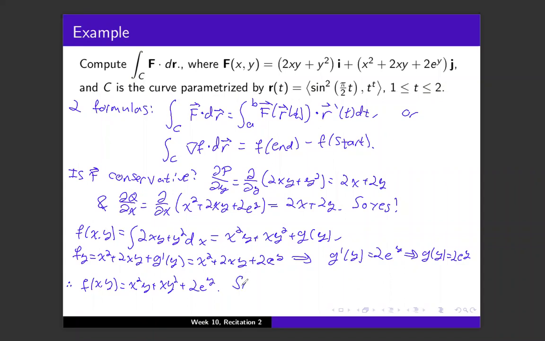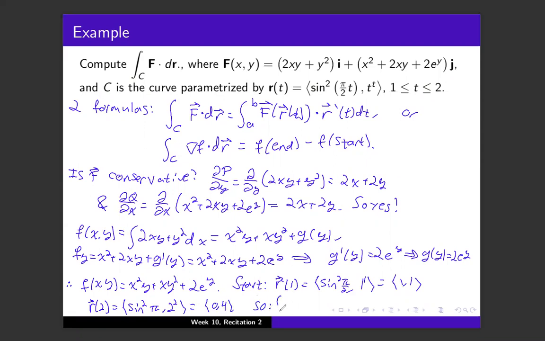Even though the derivative of that thing is a pain, actually finding the start and end points is easy. r of 1 is going to be sine squared of pi over 2, 1 to the 1, which is just 1, 1. And r of 2 is sine squared of pi, 2 squared, which is 0, 4.